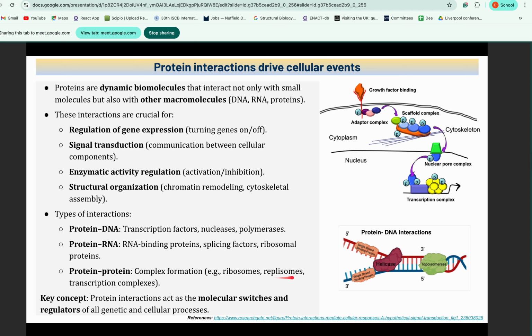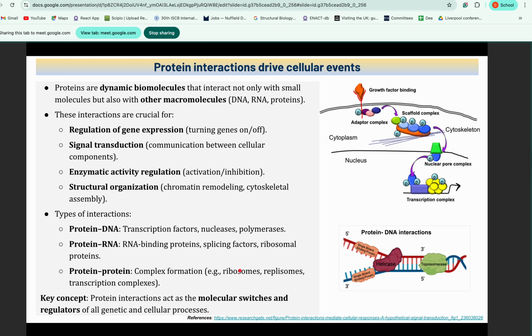That complex is known as replisome, in which different proteins complex together, and then transcription complexes. This shows how different proteins come together and perform some functions, so that comes under protein-protein interactions.